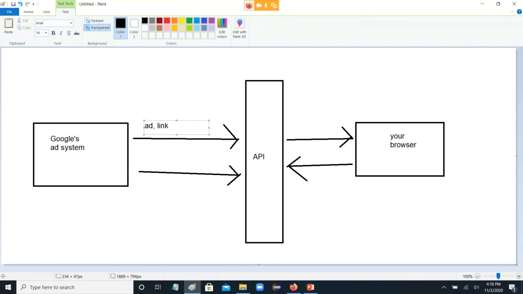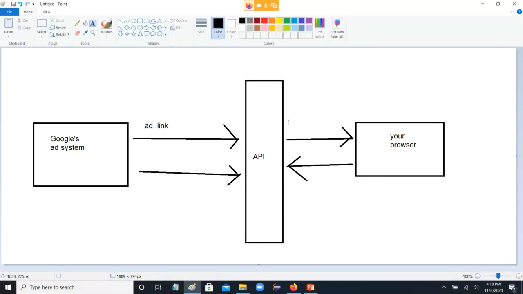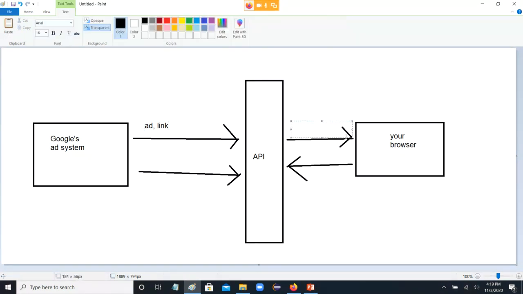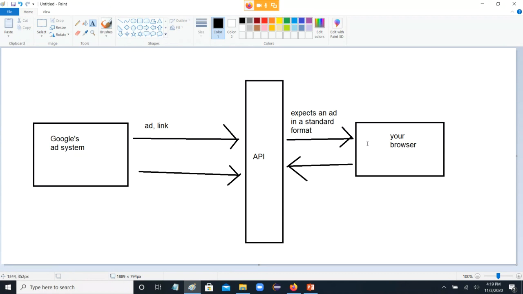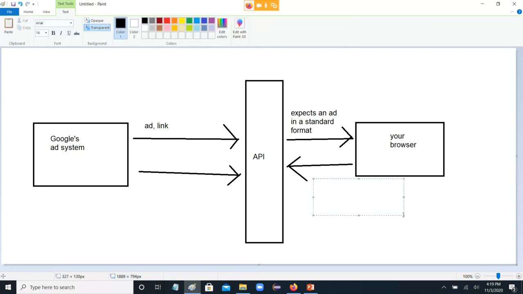So if you click on the ad, you go to the proper place. The browser, of course, expects an ad in a standard format, which Google is going to provide. But as long as the ad's in that standard format, that's great. The browser can display it as necessary, right? So if somebody does click on the ad, well, guess what? They go to the proper site.